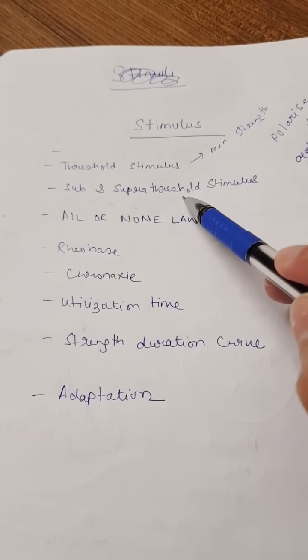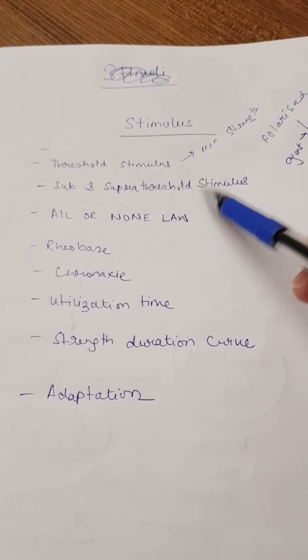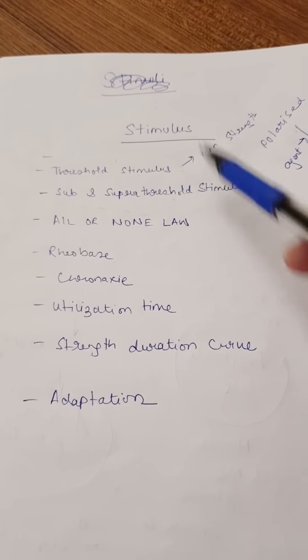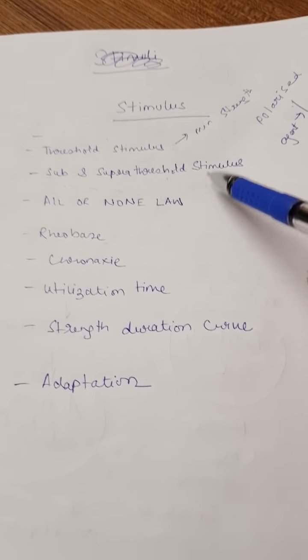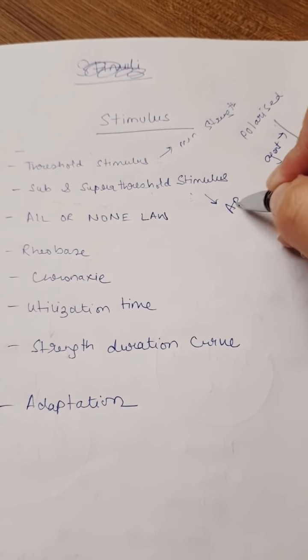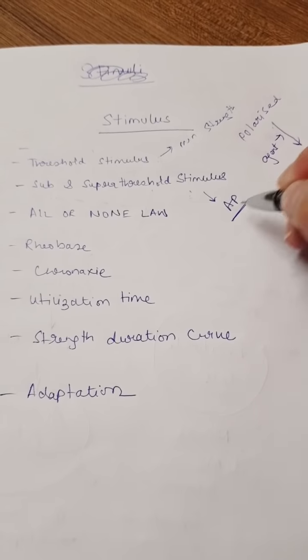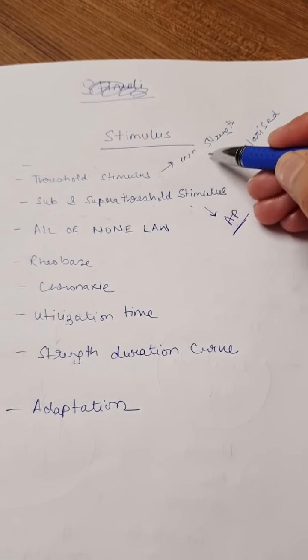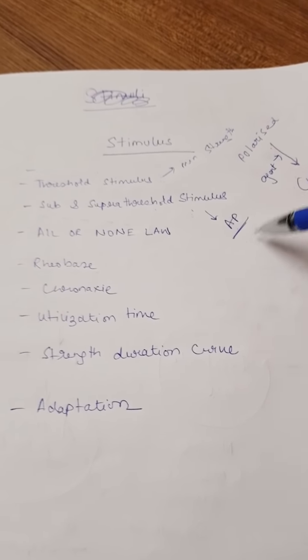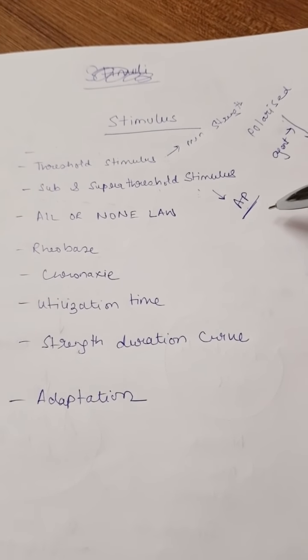And a supra-threshold stimulus, from the definition, what does it mean? It means a stimulus strength more than the threshold. Okay, so of course it will produce an AP. But if we keep on increasing the stimulus above the threshold, the magnitude of the AP will not change.